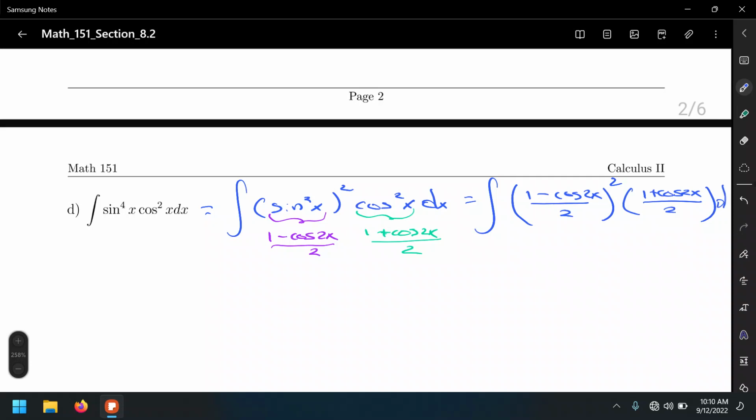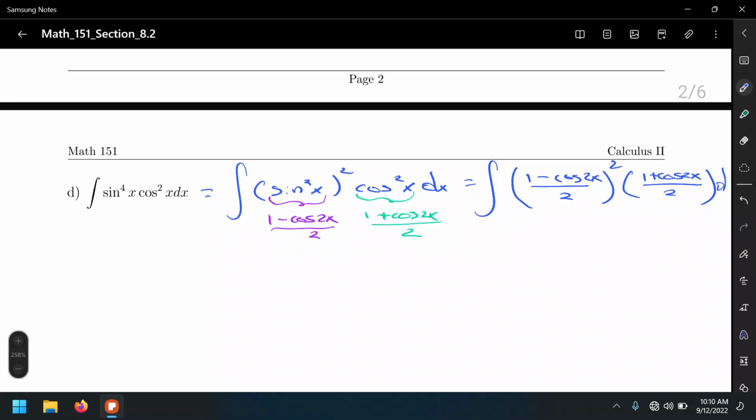So in this case, let's do some algebra. Number 1, you might want to square numerator and denominator using laws of exponents and rewrite the integral as the integral of 1 minus cosine 2x quantity squared over 2 squared, which is 4, times 1 plus cosine 2x over 2.